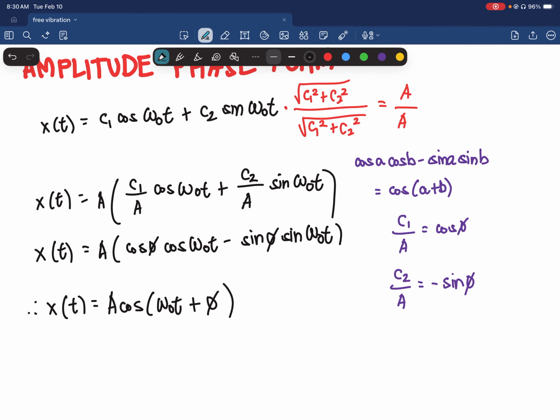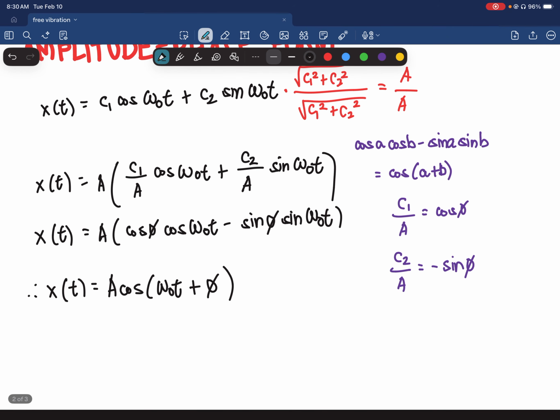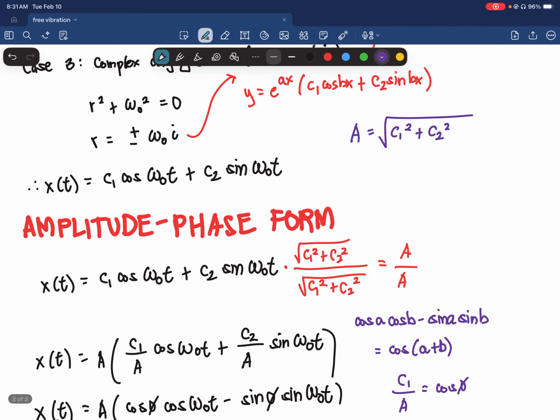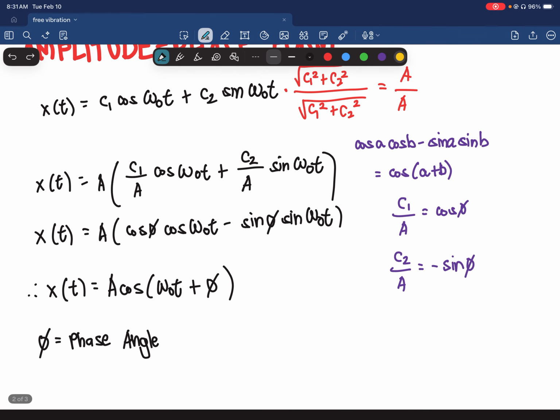Now, dito nagkakatalo yung ating operation rather, whether it is plus or minus. Since gusto natin makuha yung value ng phi, which is yung ating phase angle. Since yung ating A, we modeled it by the Pythagorean theorem, so gamit na lang tayo ng trigonometry here.